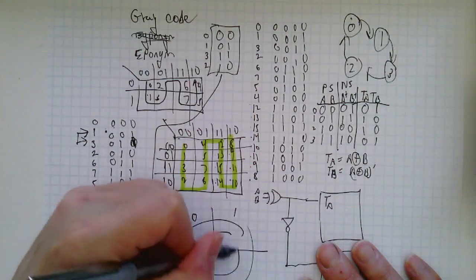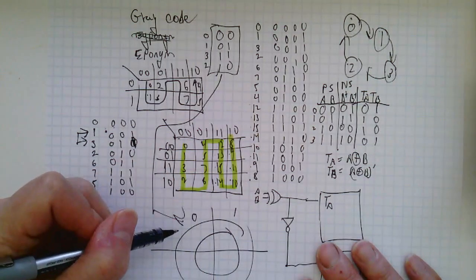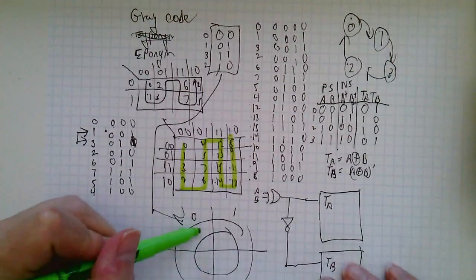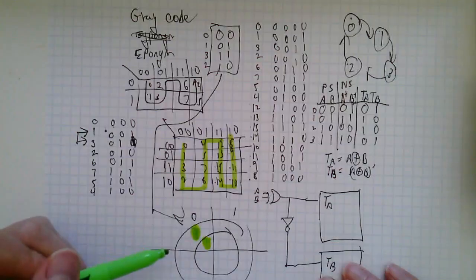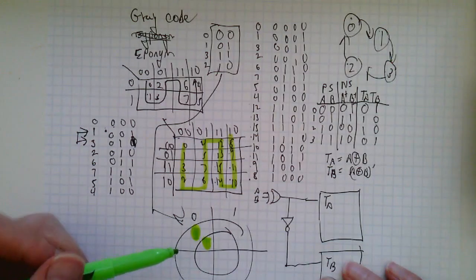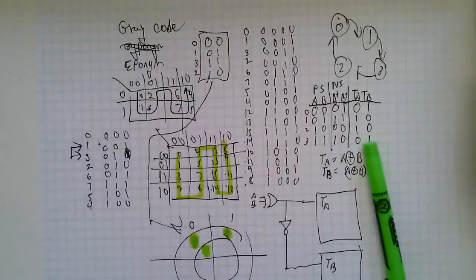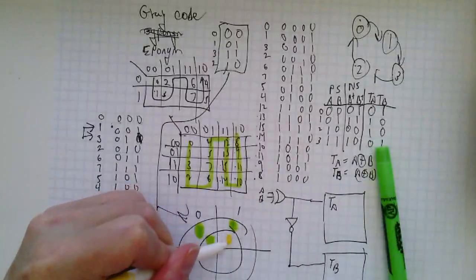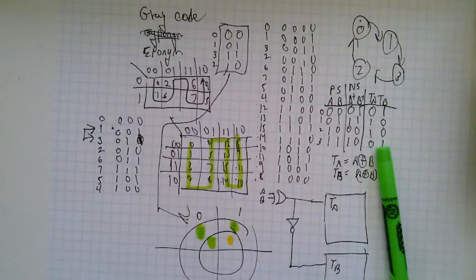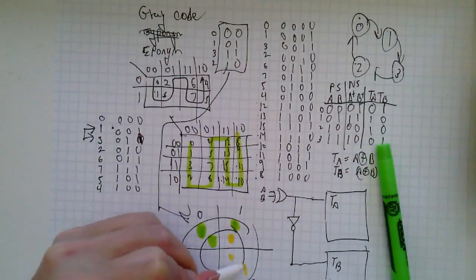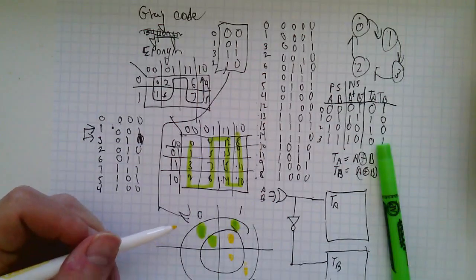If it's 0, then the bits are going to be 0, 0. If it's 1, it's going to be 0, 1. If it's 3, it's 1, 1. And if it's 2, it's 1 and 0.